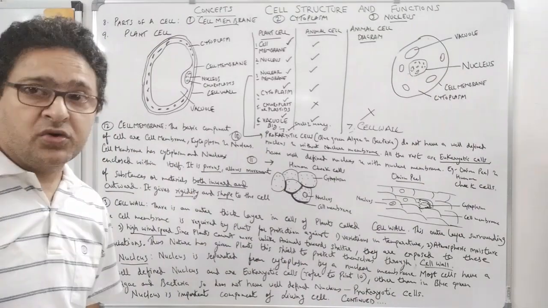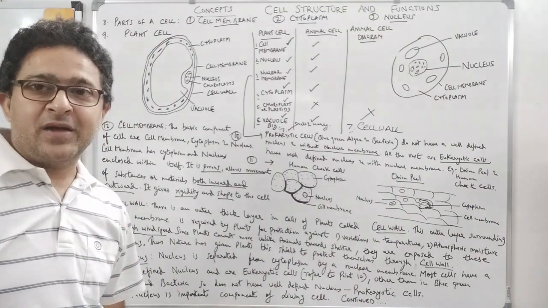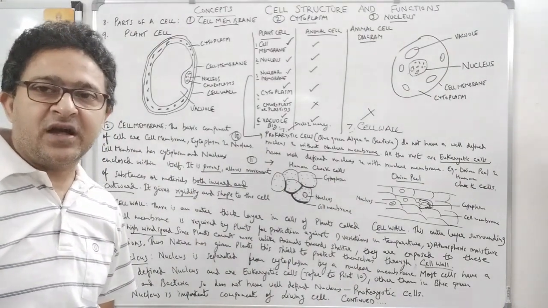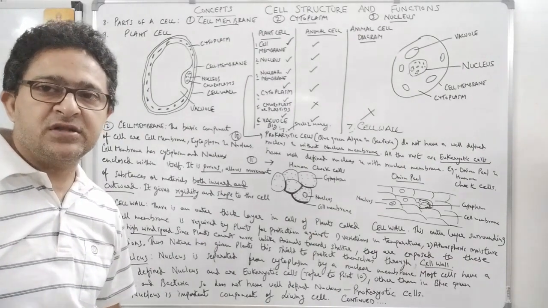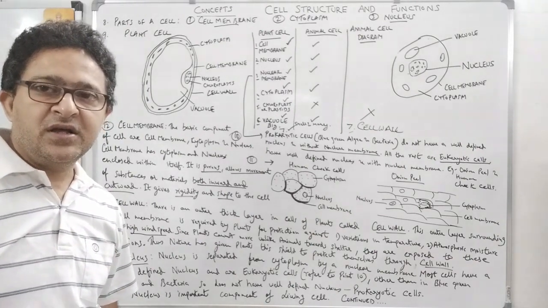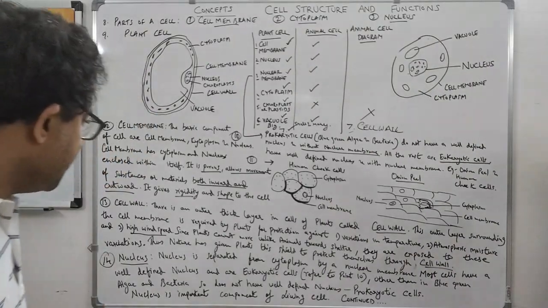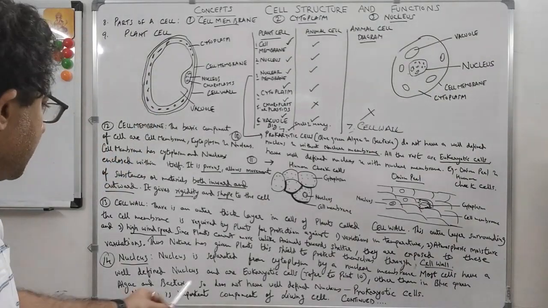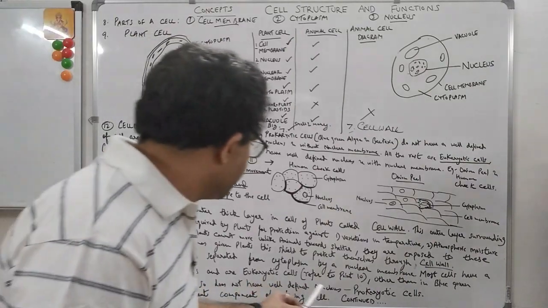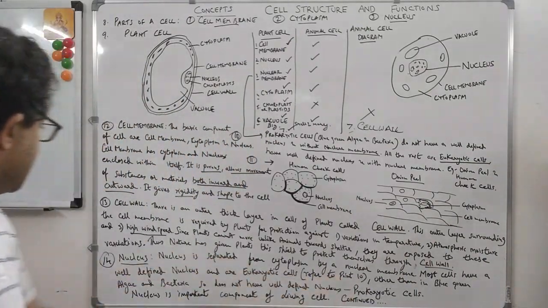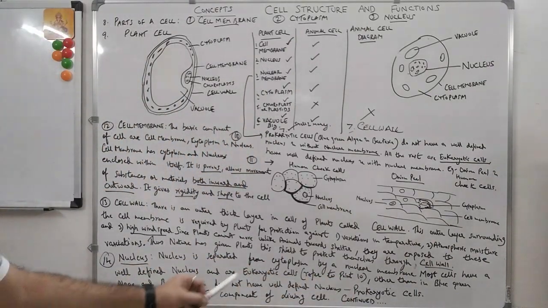They have genetic material though, but not a nuclear membrane. And bacteria is the smallest cell, as I told you in one of the points in the previous part. That's the smallest living cell, right? So algae and bacteria do not have a well-defined nucleus. Prokaryotic cells.